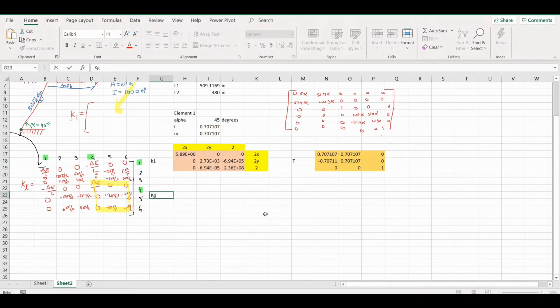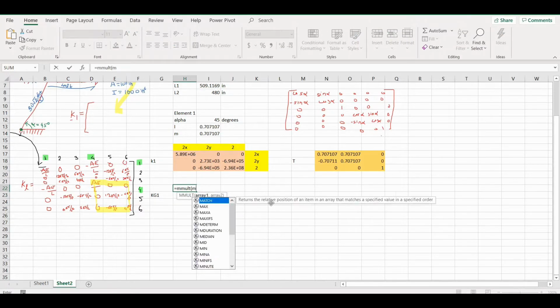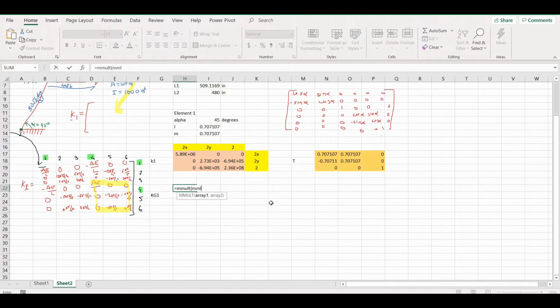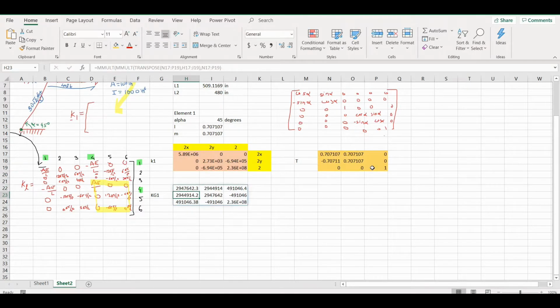We can form our global matrix for this element, kg1, which will be equal to the multiplication of the matrix, and then the transpose of this matrix, which is T to the power T, times K1, this local matrix, and then times T. When you do this, you will have your global matrix here.